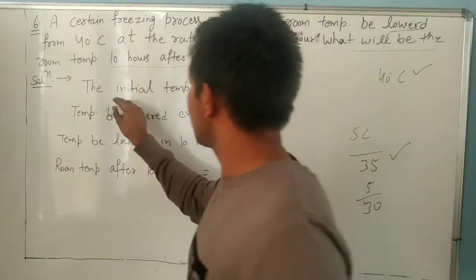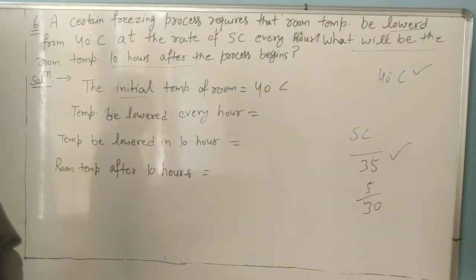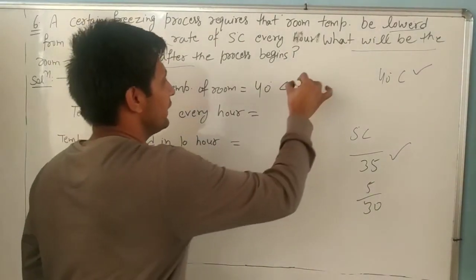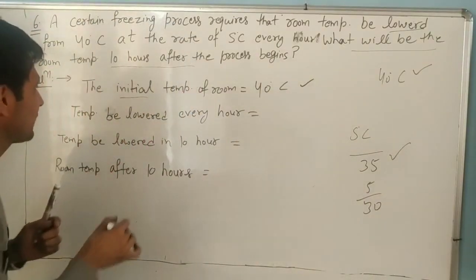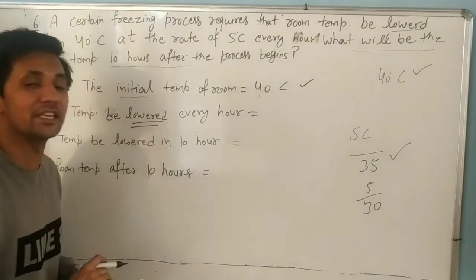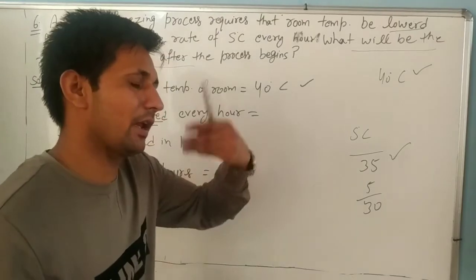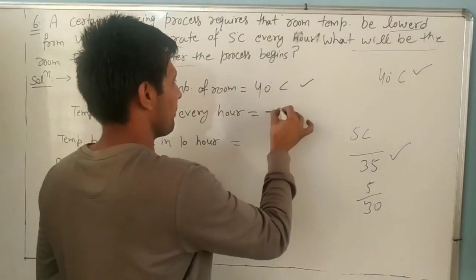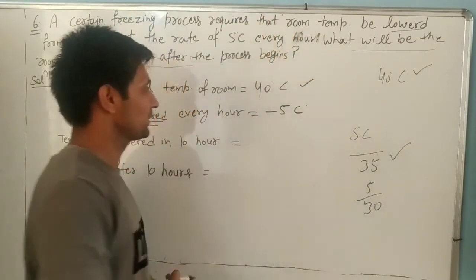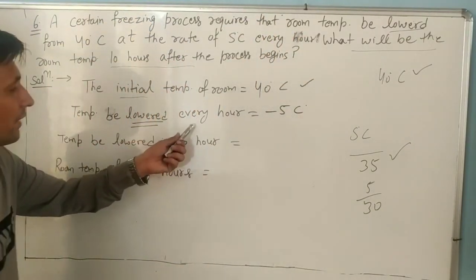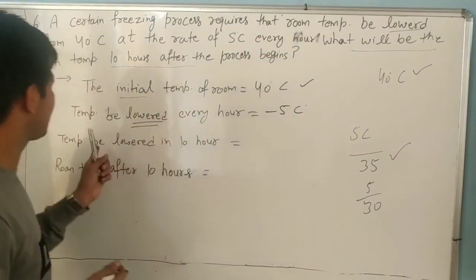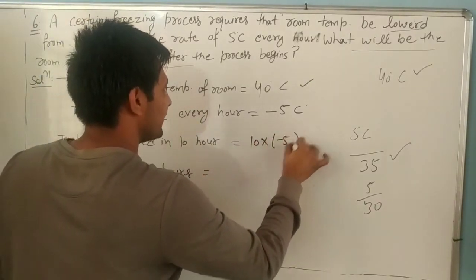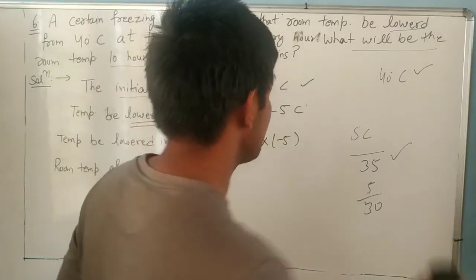The initial, dear, means the starting temperature of the room. Now the temperature of the room is 40 degrees Celsius. Temperature be lowered. Lowered means decreasing. And what I told you in integers, whenever decreasing, below, down comes, always take negative: minus 5 degrees Celsius every hour. In 10 hours, how much decreasing? 10 multiply minus 5. It's very simple.